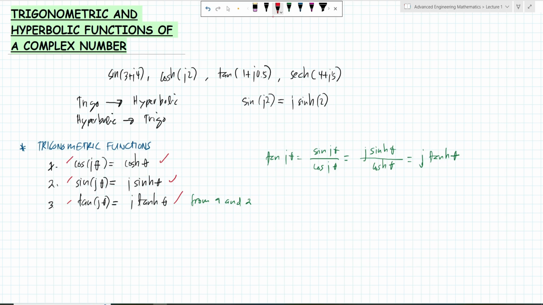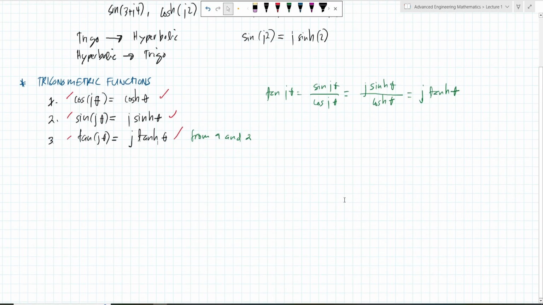How these formulas were derived is what I will teach here, a simple derivation. But first we need to know how to convert trigo to exponential and hyperbolic to exponential functions, so remember these formulas.